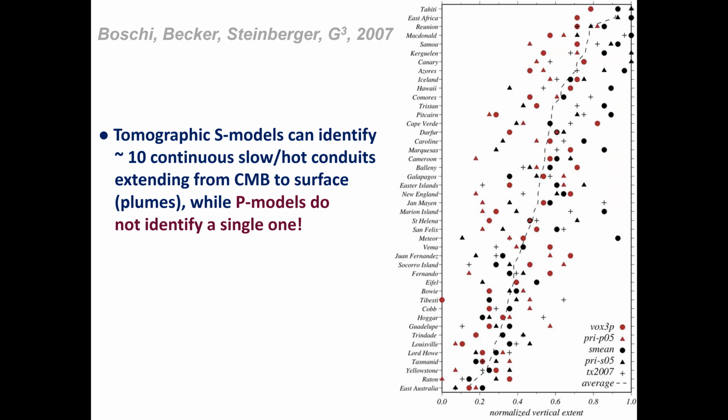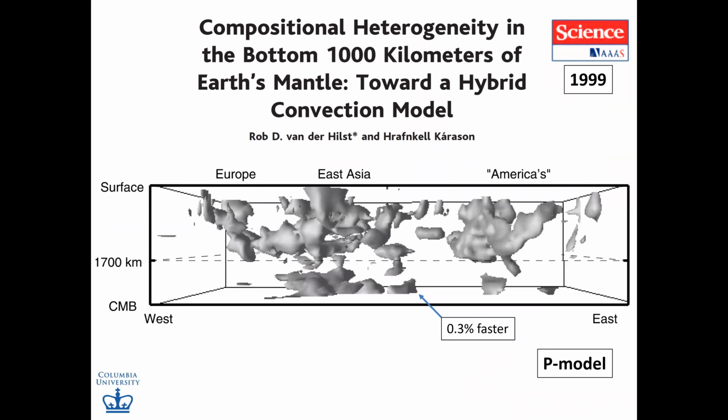This plot shows the vertical extent of these plumes beneath 40 hotspot volcanoes. But in P models, you couldn't identify a single continuous low velocity structure in the mantle, which is approximately what we would expect if this was related with spin transitions.